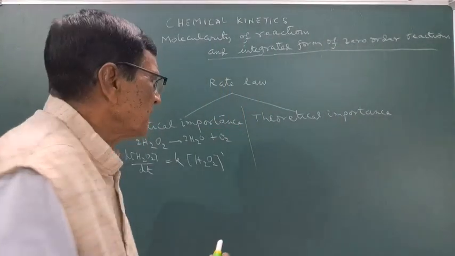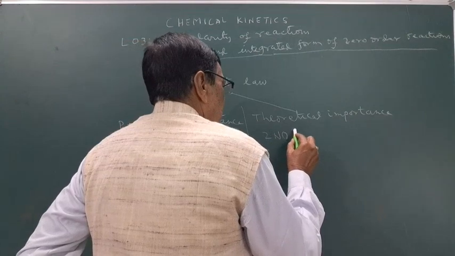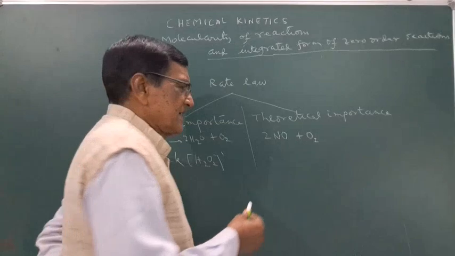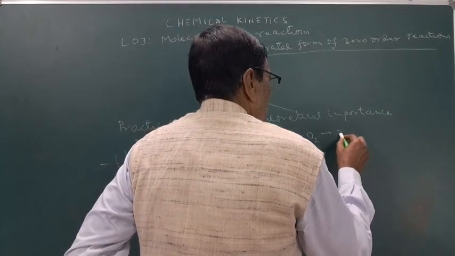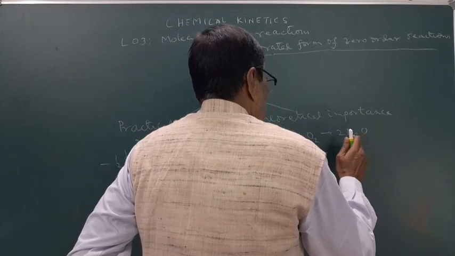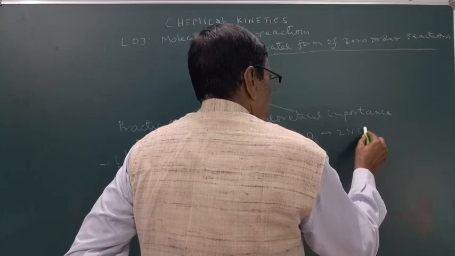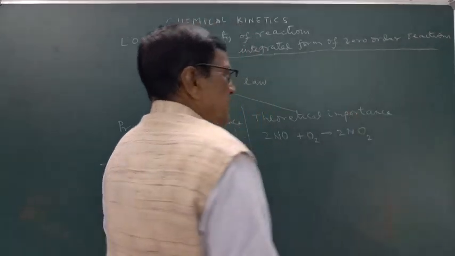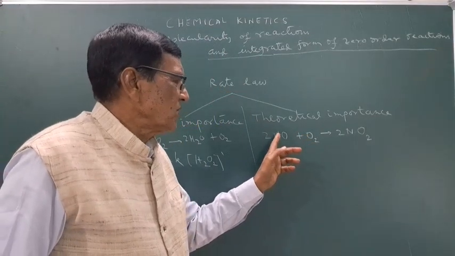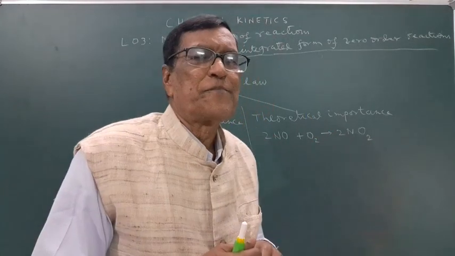This is twice NO plus oxygen, a gas phase reaction, giving you twice NO2. This is nitric oxide being oxidized to give you nitrogen dioxide.